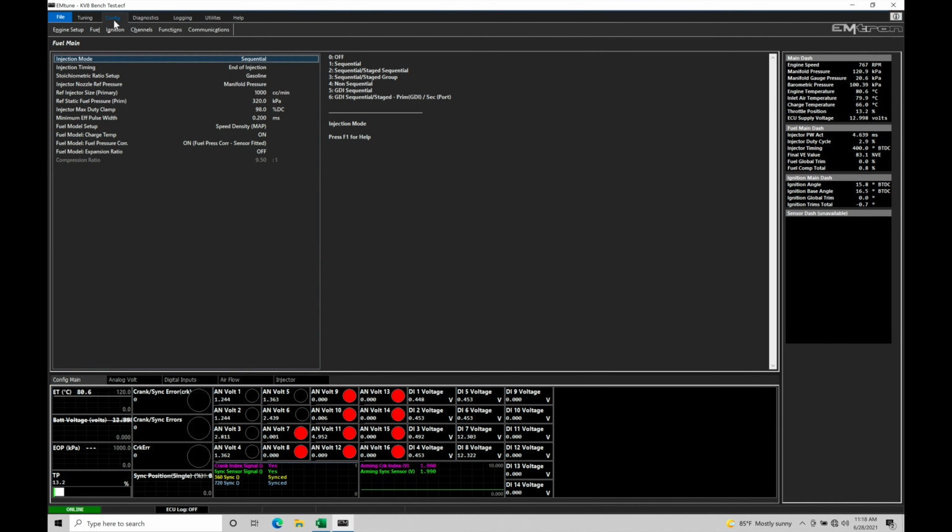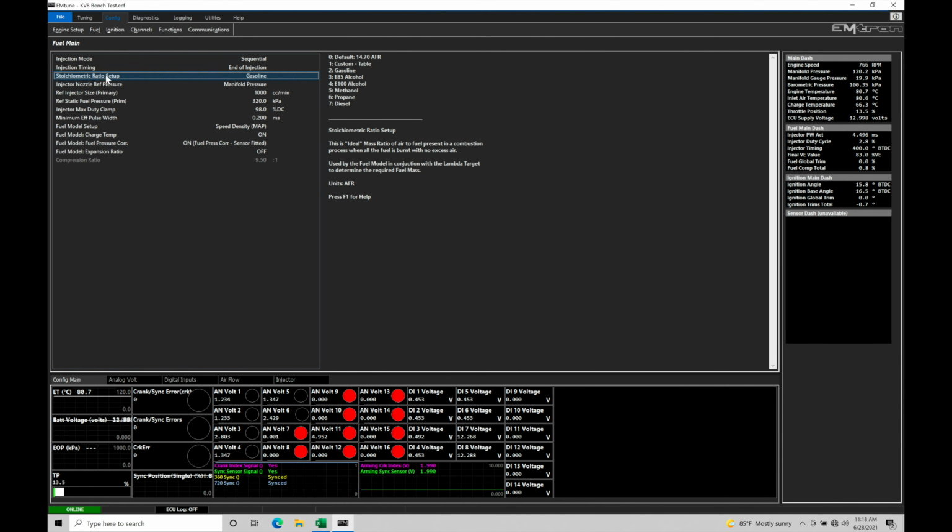If we jump into config and go across under fuel and into fuel main, we're going to find down here our third option. This is the stoichiometric ratio setup. This specifies what the stoichiometric ratio should be based on the fuel that we're dealing with. Different fuels have different stoichiometric ratios that we have to associate with them to make sure our fuel modeling is accurate. If we look at our menu, we have a whole bunch of different options. 0 is the default of 14.7.